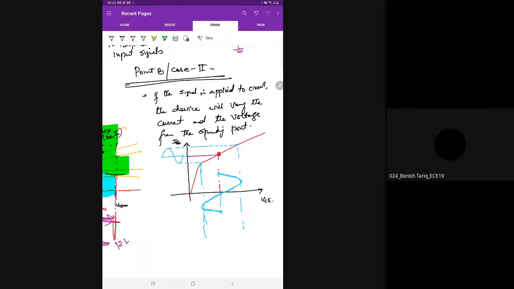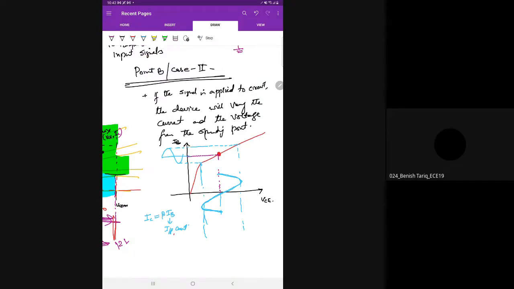अब जब इसमें हमने कुछ सिग्नल दी है, because we know IC in common emitter configuration is equal to beta times IB. What is IB? IB is input current. अब जब हम इनपुट पे साइनोसाइडल देंगे तो IB तो वैरी होगी साइनोसाइडली.